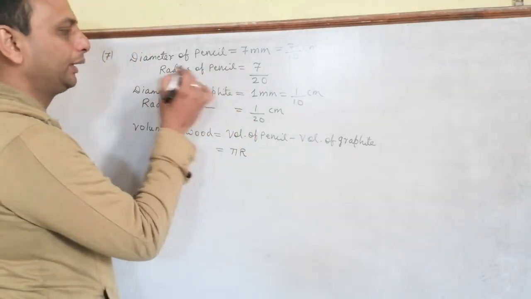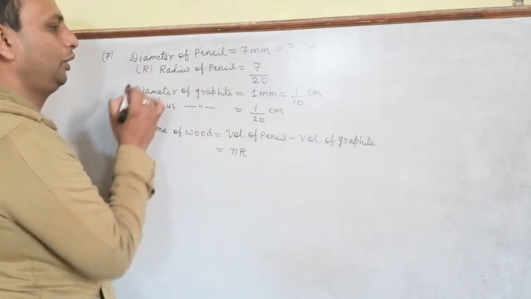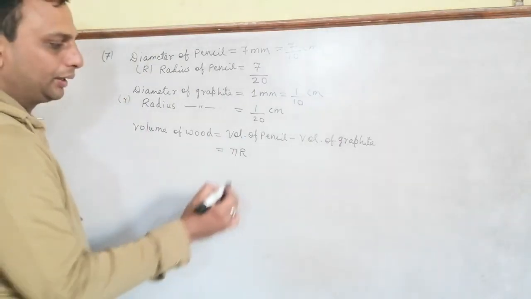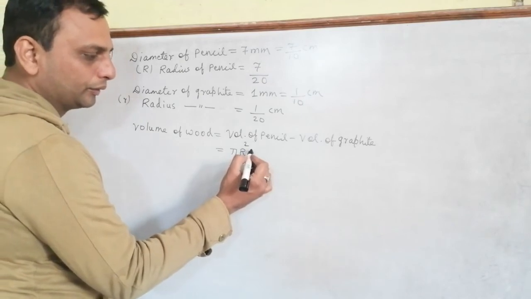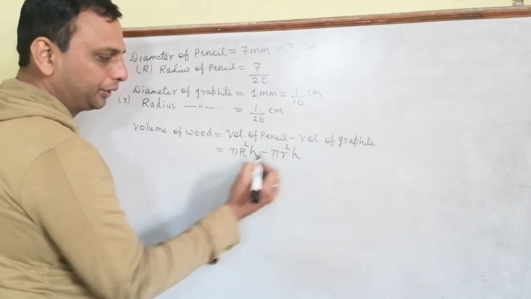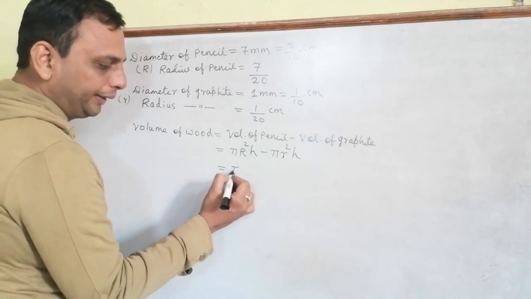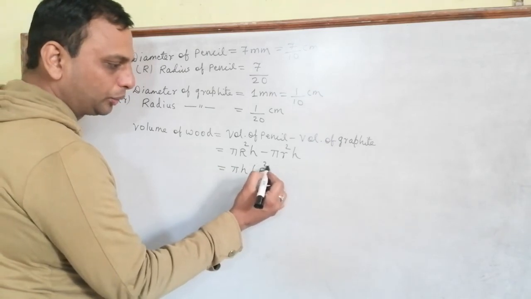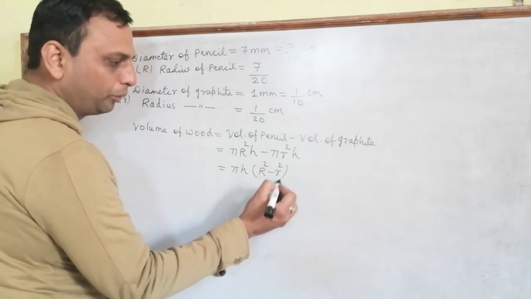You can write the radius of the pencil as capital R and the rest as small r. Pi R square h minus pi r square h. So pi we can take common, h we can take common, R square minus small r square.